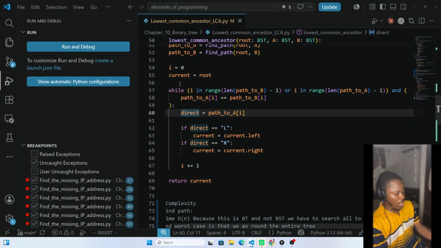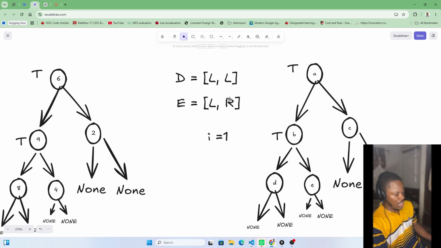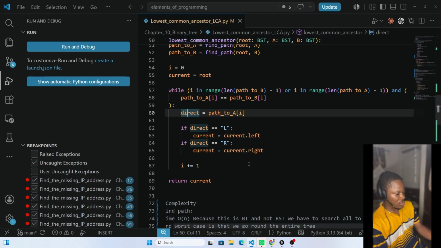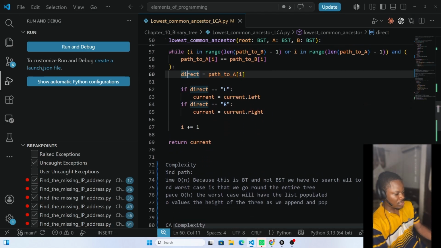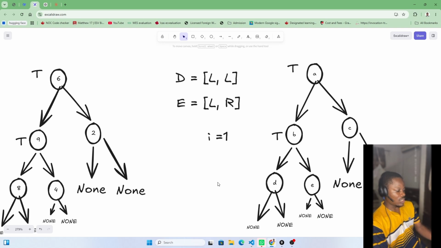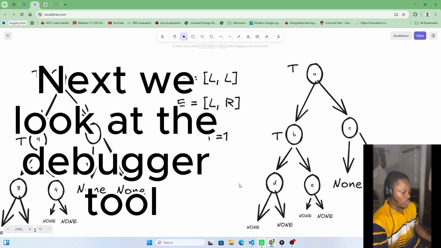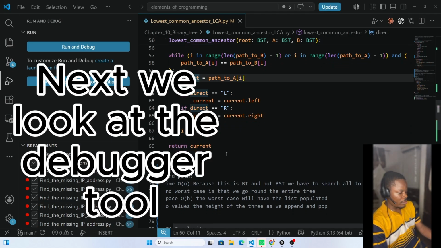We break out of the while loop, and once we break out of the while loop, we return the current because our current, as of this point, is still this guy over here, the B. We've just gone to the left, and this guy is our current ancestor. We return current as our ancestor, and basically that's how we get our solution for the lowest common ancestor in brute force, right?